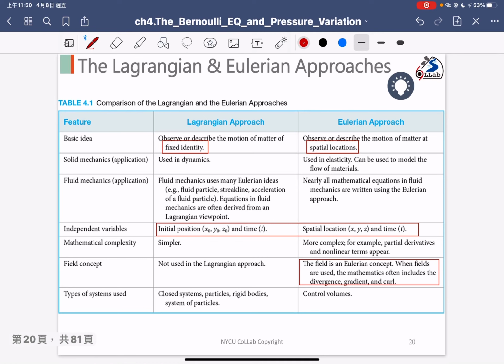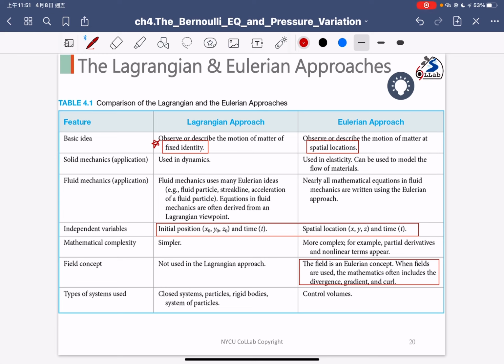So the table just summarizes the idea. For the Lagrange, you need to fix one identity and see the path line for this material. But for the Eulerian, we don't need to fix.